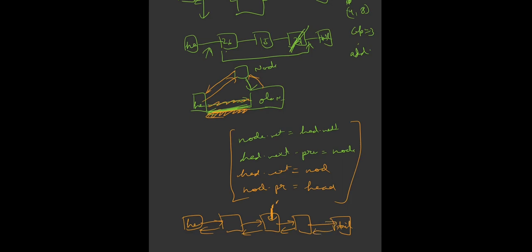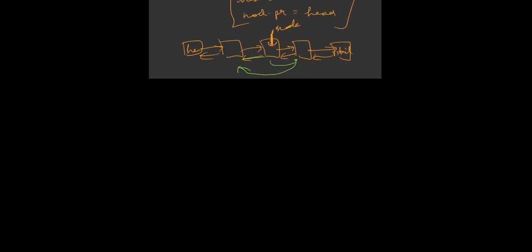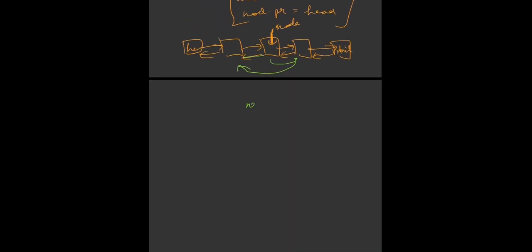So if we have to remove this node, we have the reference of this node. What we have to do is the current node dot next dot previous should point to node dot previous. So node dot previous is this. What I'm saying here is that node dot next dot previous should point to node dot previous.